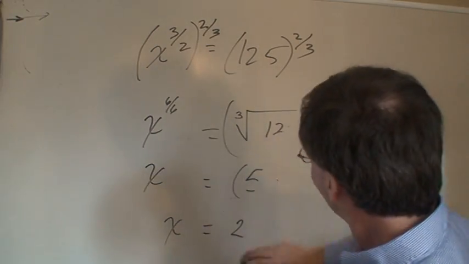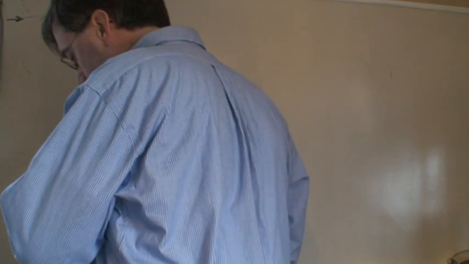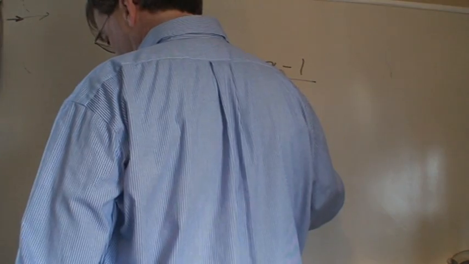Now, let's look at another one. Let's look at one where I have fractions within the equation. All right, let's say I had 2/3 equals 3 minus (2x minus 1) all over x plus 1.